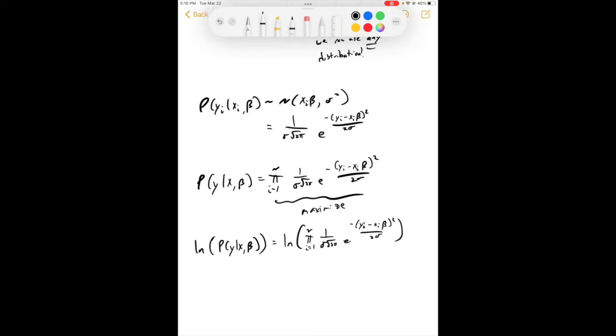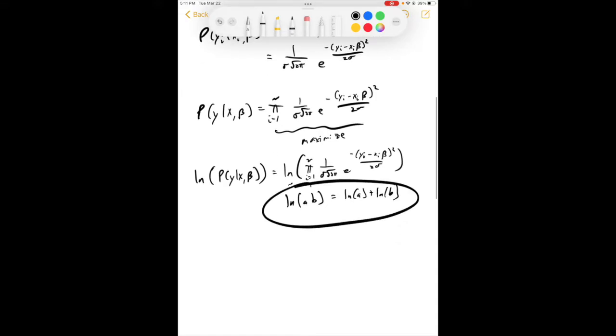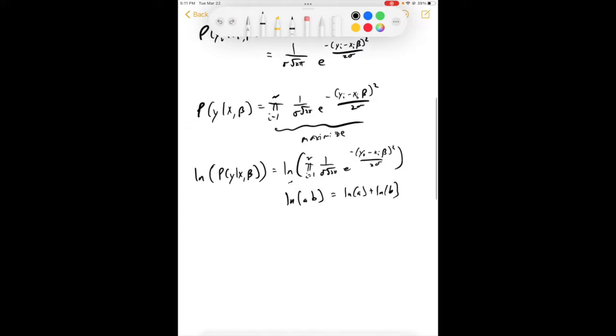And if you think back to college algebra or pre-calculus or whatever class you took, the rules of natural log say that the natural log of a product, say a times b, is equal to the natural log of a plus the natural log of b. So we're going to use this idea to make this product turn into a sum.